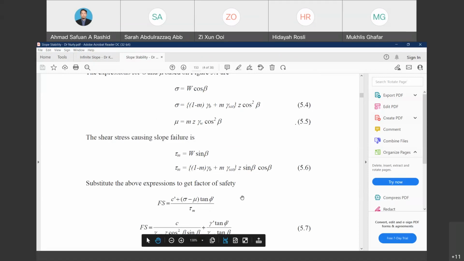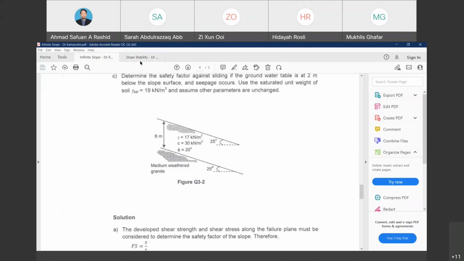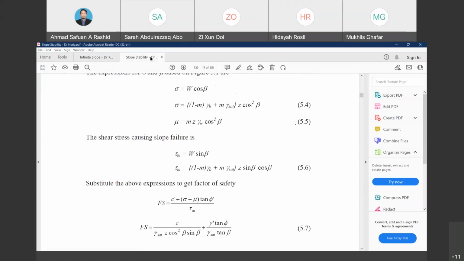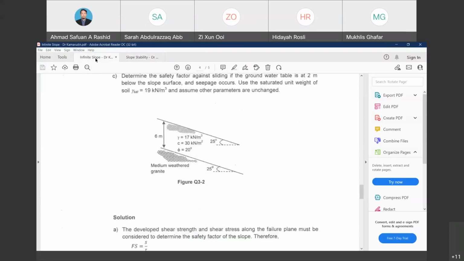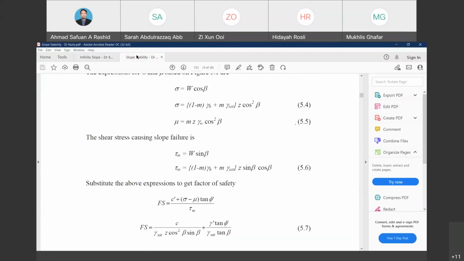Then we use this equation: C is equal to 30 plus 90.4 minus 62.7, tangent phi is equal to 20 over 42.1.